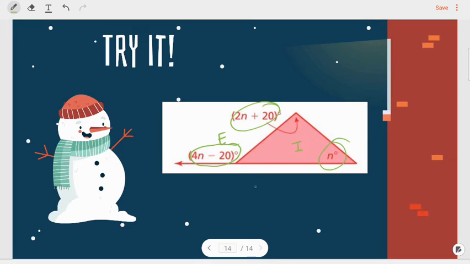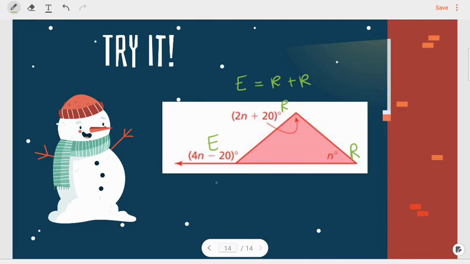But remind yourself, do I have all of the interior angles? And the answer is no. Then ask yourself, is there any special rule that I know about exterior angles? And I do. The exterior is equal to one remote plus the other remote angle. So this is exterior, and this is a remote angle, and this is a remote angle.